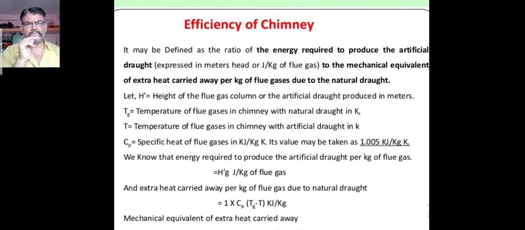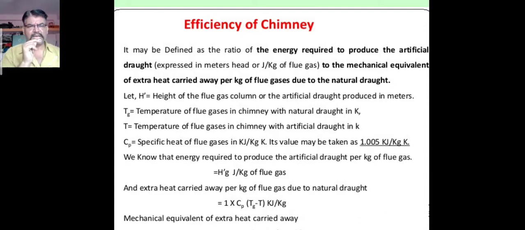Here also you can see the ratio of the energy required to produce the artificial draught to the mechanical equivalent of extra heat carried away per kg of flue gases due to the natural draught.